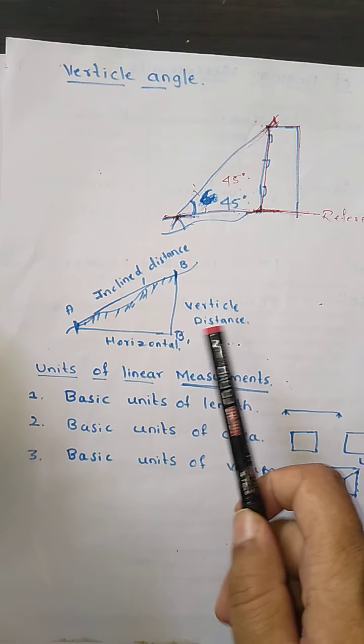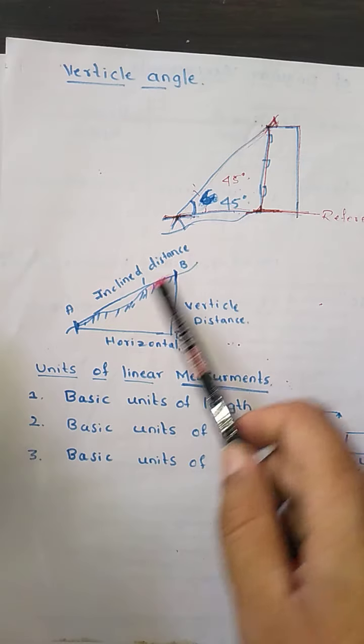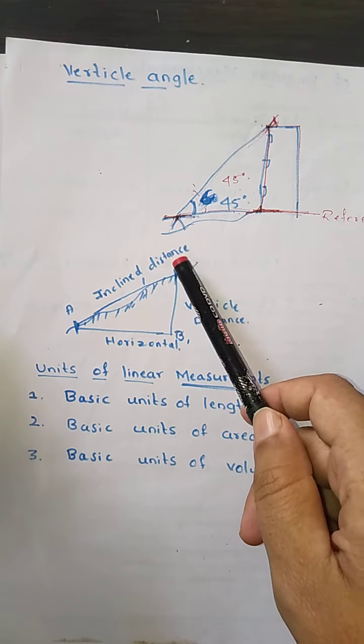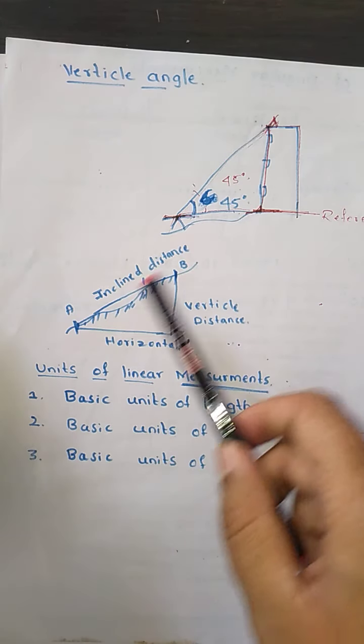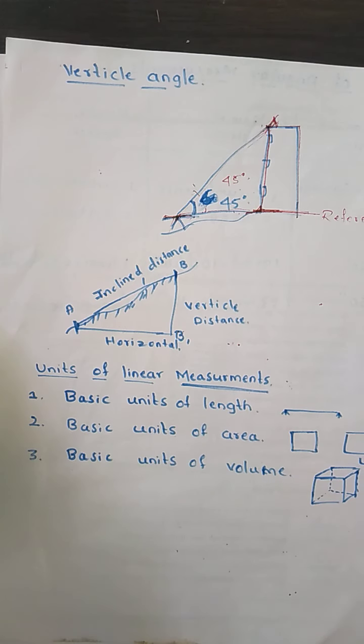So AB has a horizontal distance of AB1, the inclined distance is AB, and the vertical distance between A and B is BB1. Okay, I hope you have understood the different types of measurements. Now in the next class we will be seeing the different units of linear measurements. Okay, thank you.